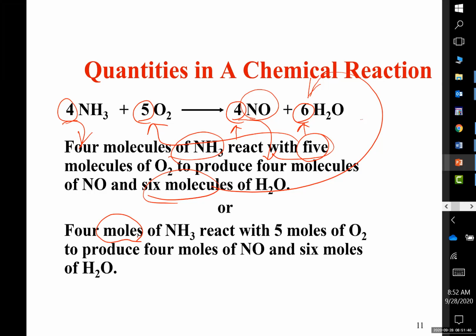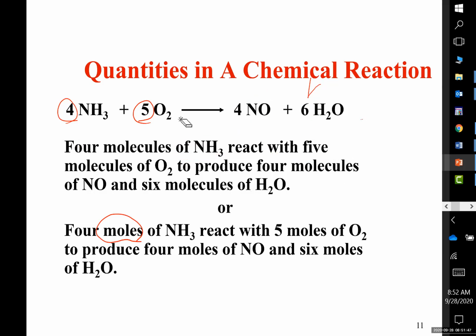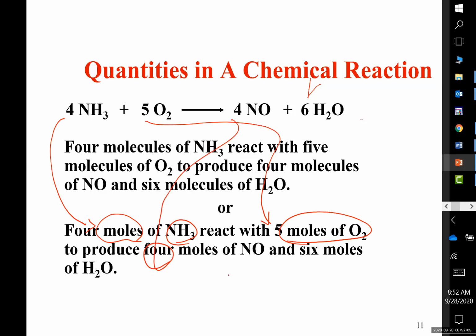So you can also use moles instead of molecules. Moles are a large number of molecules. So you can say 4 moles of NH3 reacting with 5 moles of oxygen to produce 4 moles of NO and 6 moles of water.